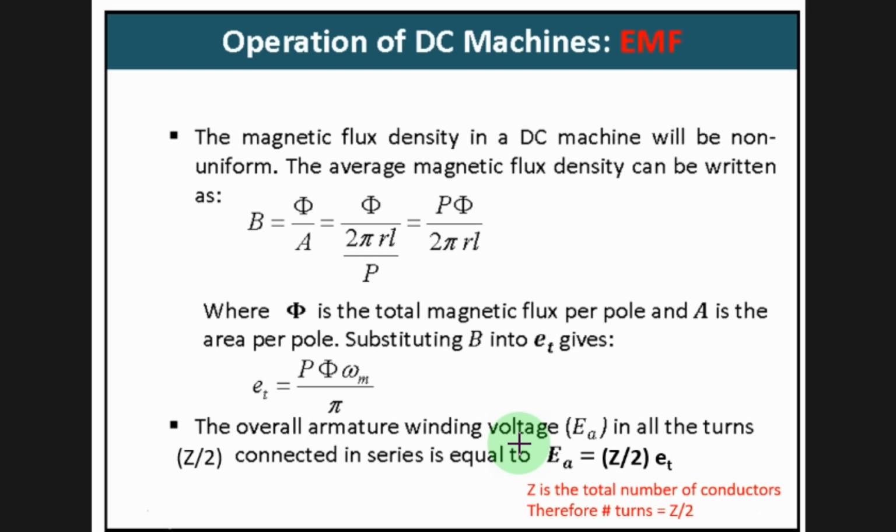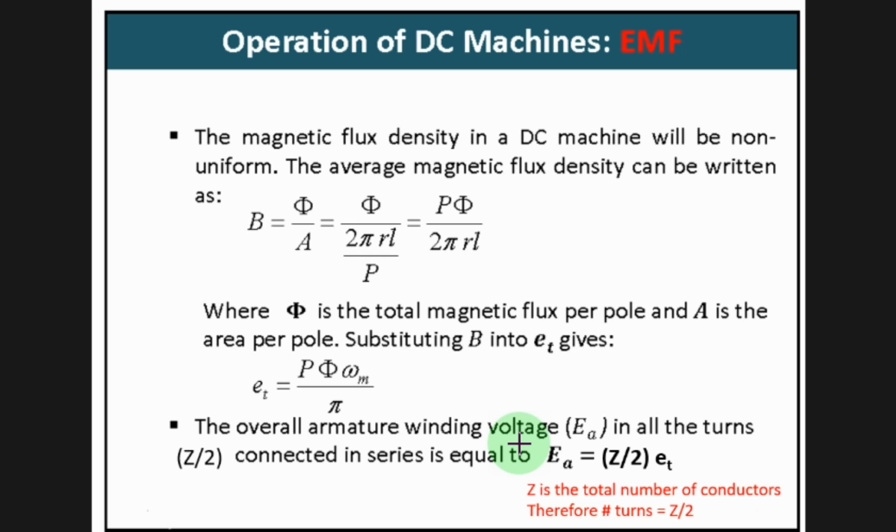So number of turns here will be Z by 2, because Z is the total number of conductors. So for one turn there are two conductors, no? Therefore number of turns will be Z over 2, right?